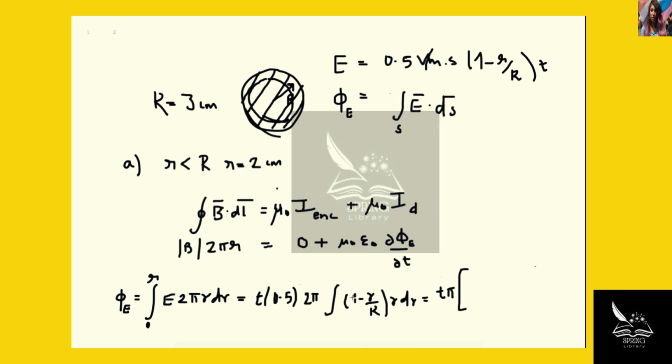We'll take the first part. The first part is r dr. Integral of r dr is r square over 2. And the integral of this part is minus r squared dr over R, which will be equal to minus r cube over 3 R. Limits for integration were 0 to some r. When we put 0, 0 goes away, so we'll just have this as the final integral.